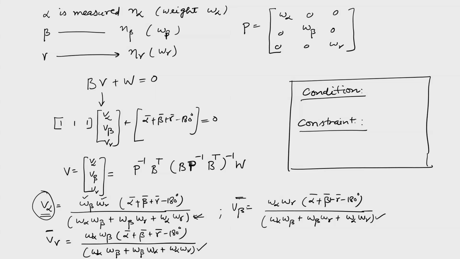So let us go ahead and take a few more examples of the condition equation method. I can give you some homework here. For example, you have a situation where you measure angle alpha maybe n number of times, alpha 2 and alpha 3. So I have a condition equation here, alpha 3 equals alpha 1 plus alpha 2.